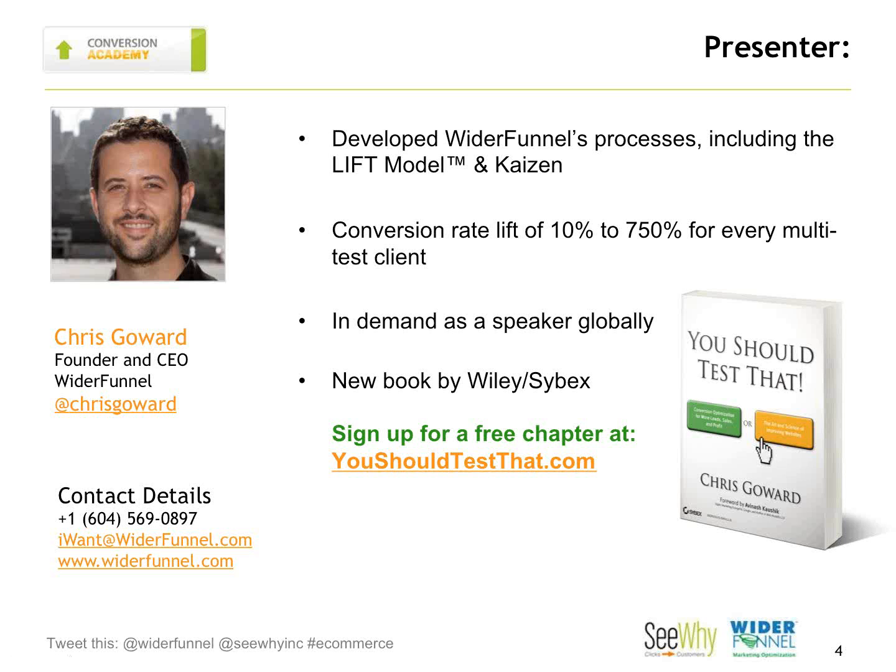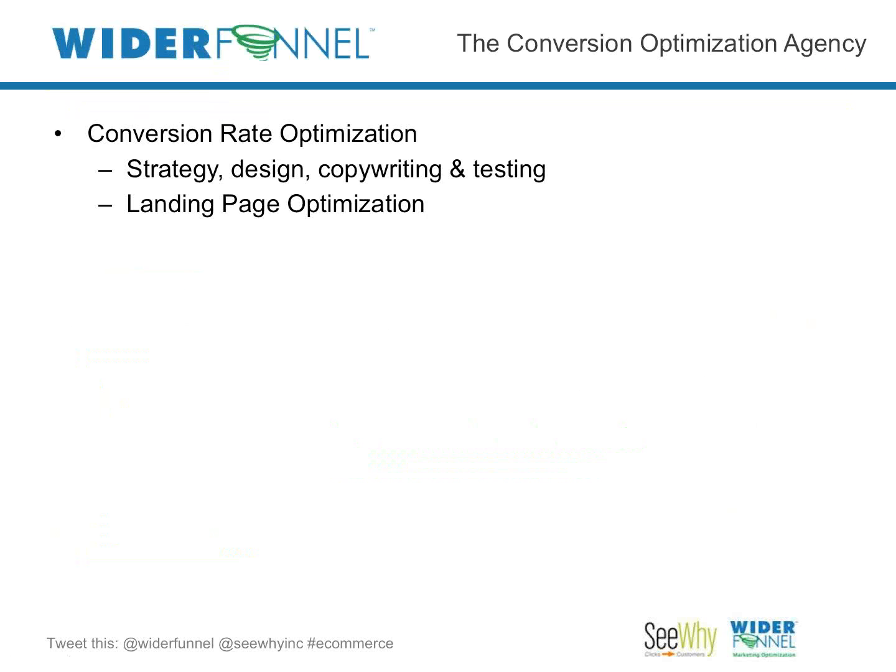So I've got one slide to introduce WiderFunnel. Some of you we may not have met before. To give you some context for the perspective we're taking today, WiderFunnel is a conversion optimization agency, and all we do is conversion rate optimization. I always get this question at the end, so I just want to clarify at the beginning that when we do these conversion optimization tests, we do everything from developing a conversion strategy for all of the customer touch points to doing wireframing, graphic design, copywriting, full service testing of all of the important areas on the website.